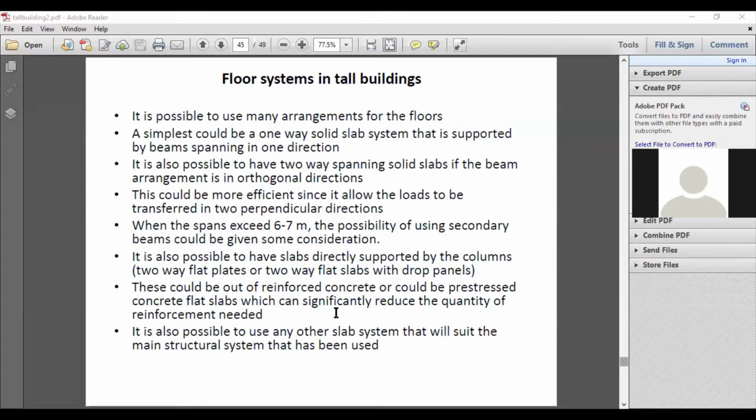And in addition to that, if you want, you can use these steel decking systems, where you have the steel deck supported on the steel beams, and then you'll need only a thin concrete layer, where even the steel deck can be considered to act as a reinforcement.